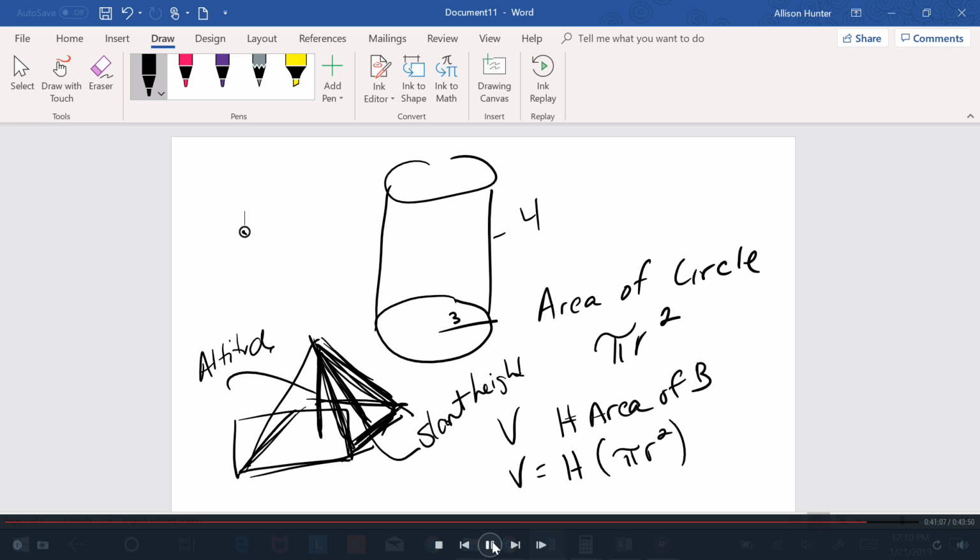Coming back over here, now I've flipped to the next page. Remember the idea of finding the volume of a pyramid with a square base. They have 1/3 times the base times the height.